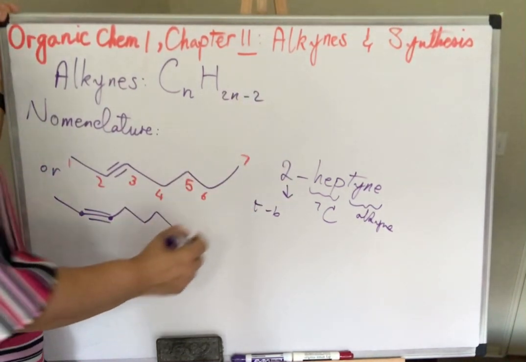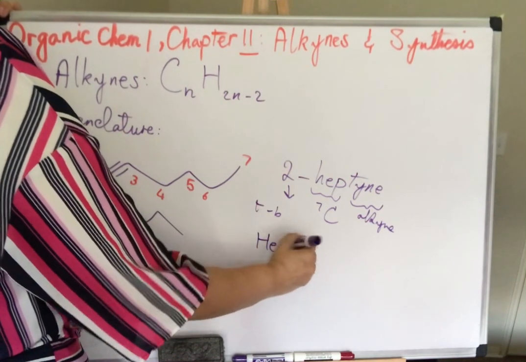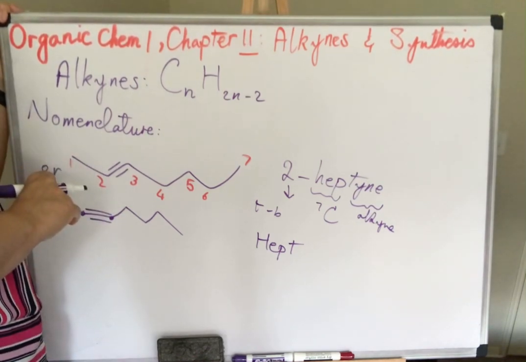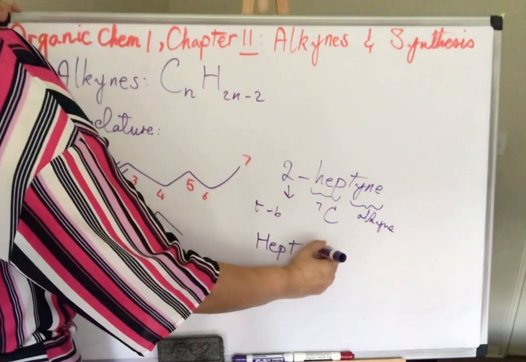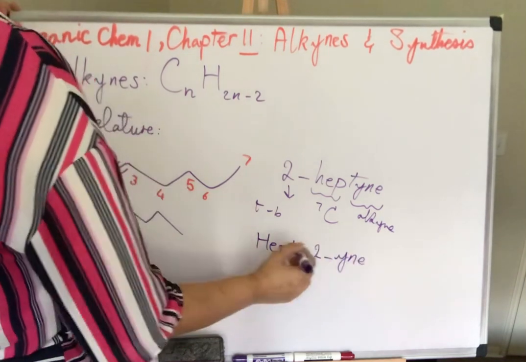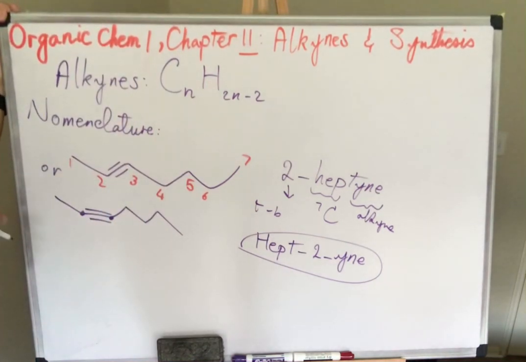Another way of naming is you bring the root for the name, hept, and then 2, then yne. This is the newer method of naming. You need to know both.